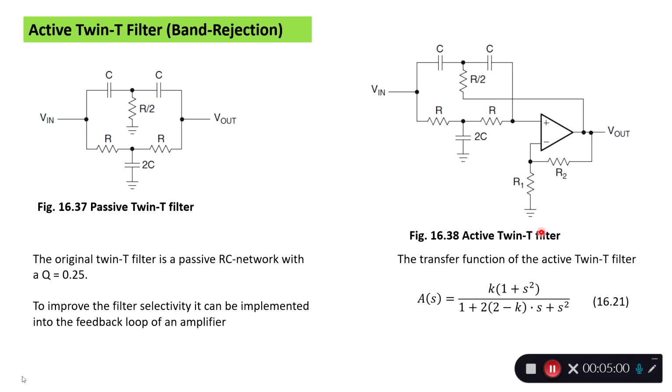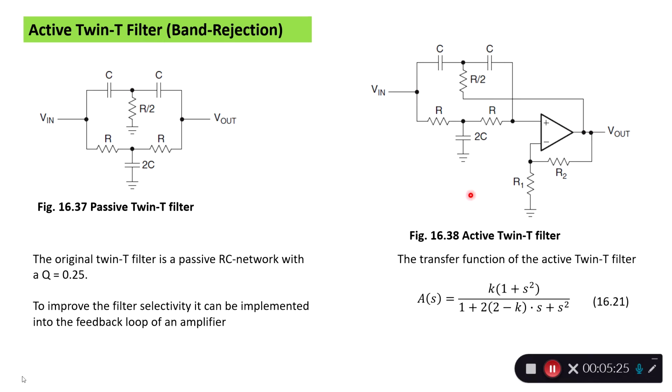by adding an amplifier into the circuit. And here we can see this point is connected to the output of the filter, and the output of the passive filter is connected to the input of the non-inverting amplifier.